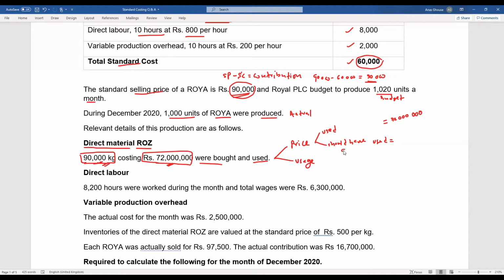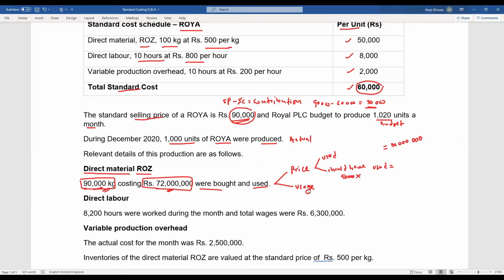They bought 90,000 kg, but our plan was to pay 500 per kg. So we should have paid at the rate of 500. So 90,000 kg times 500 per kg will be 45 million.